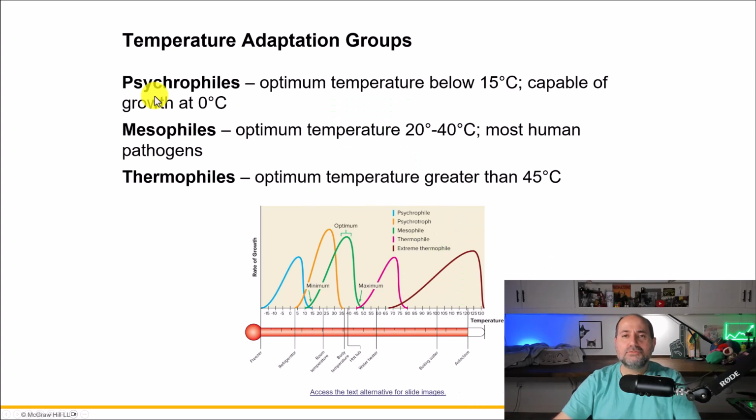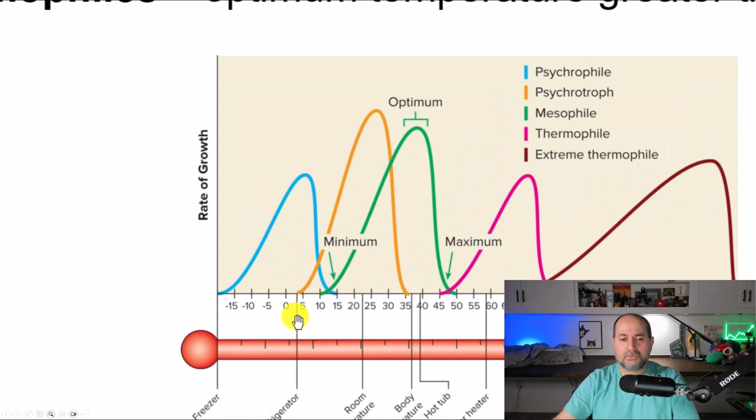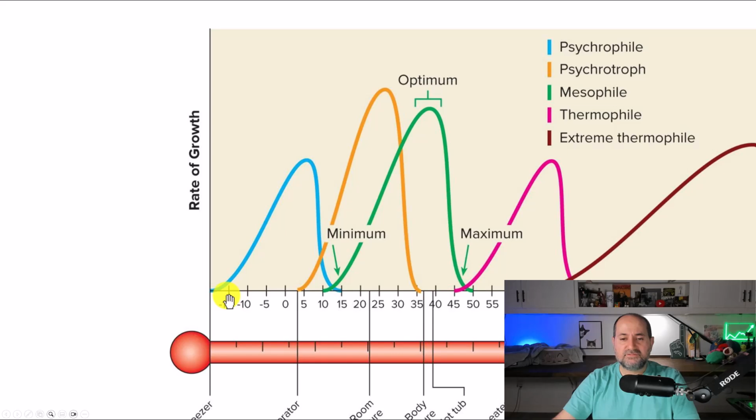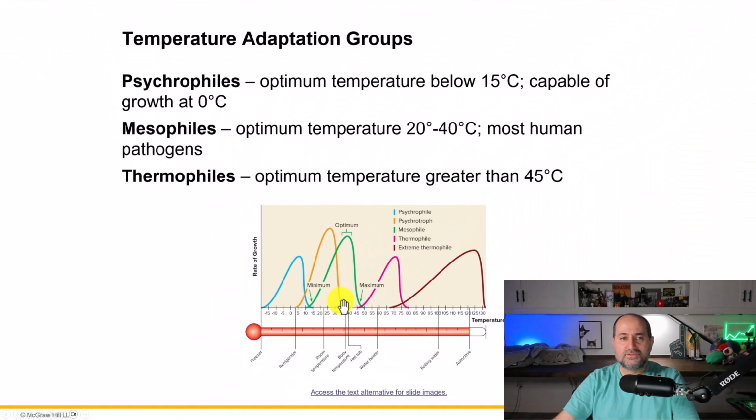All right, so what do we call organisms that prefer to grow in cool conditions? Those are known as psychrophiles. See on this graph here, psychrophiles are in blue, and notice how they grow between negative 15 degrees and 15 degrees Celsius.